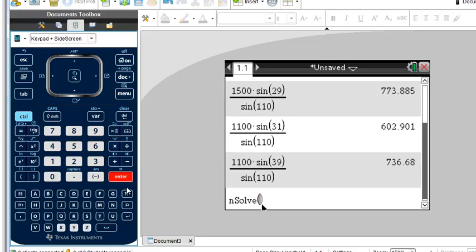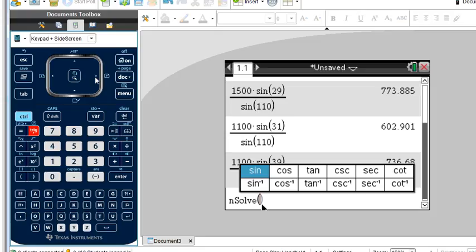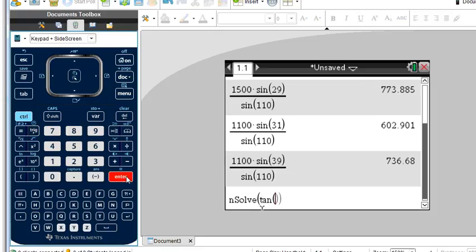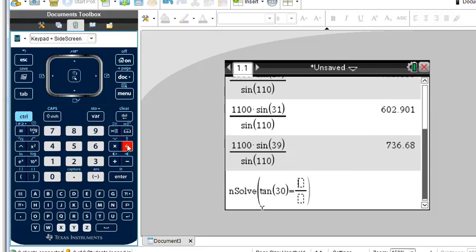What we have is an equation on the left side: the tangent of 30 degrees, equal to h over, and in place of x down here, h over the tangent of 40 degrees.